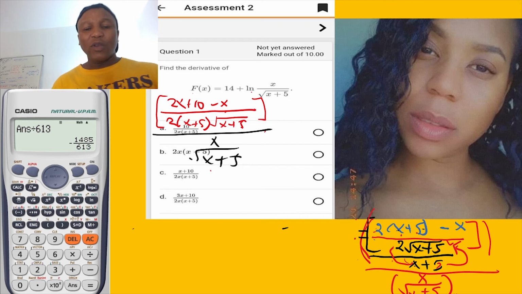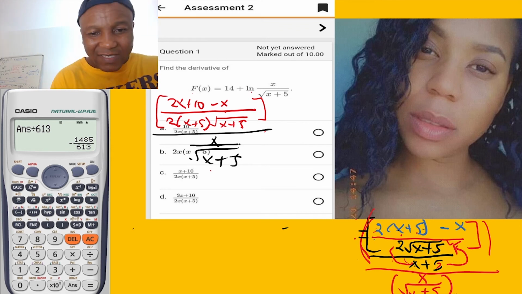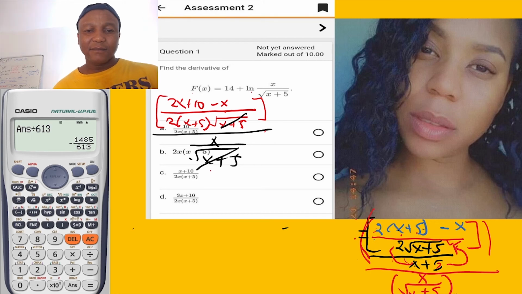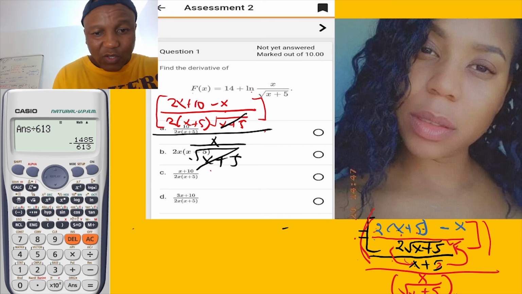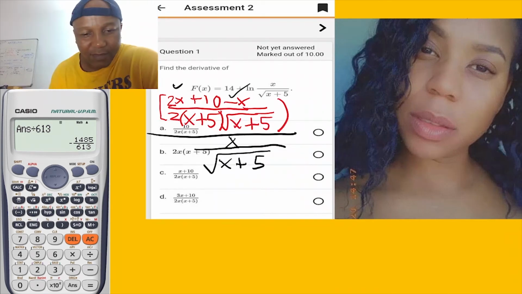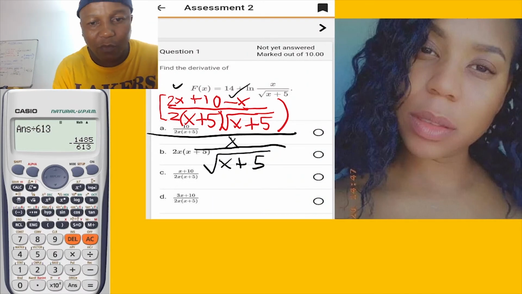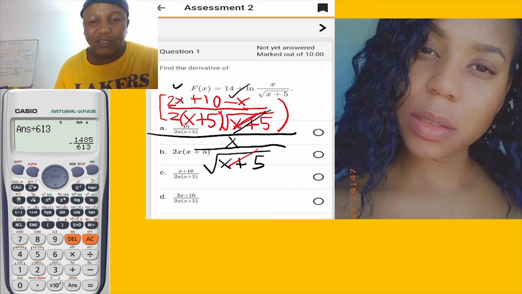So what we're gonna do here, look, I can simply cancel this and I can cancel that. I can cancel these 2. So then I have a 2x. Then I'll cancel the brackets. So let's write what we're left with.